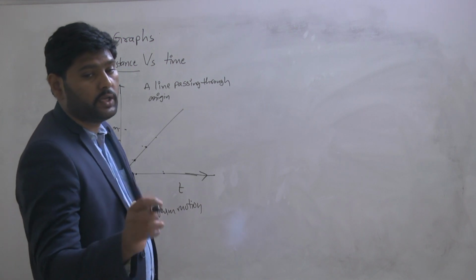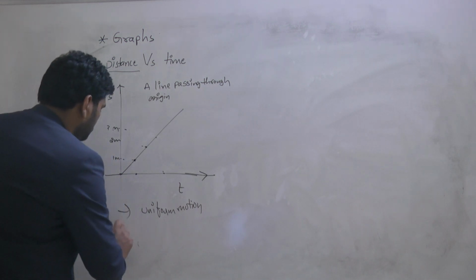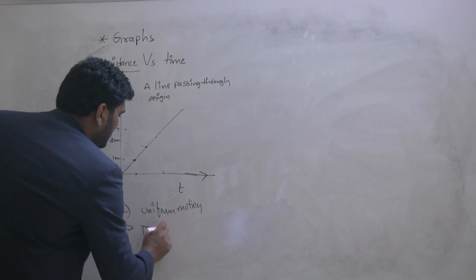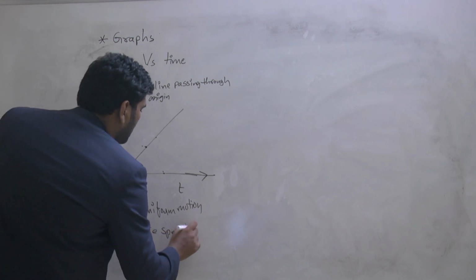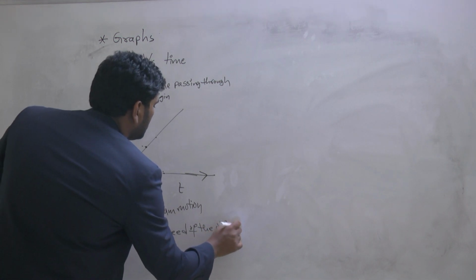When the object moves in uniform motion, the speed of the object is constant.